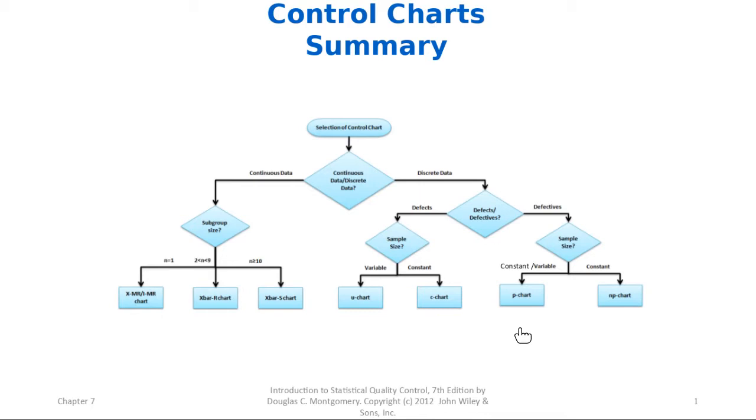Out of 10 students, only 2 scored A+, which is different from 100 students where only 2 scored A+. The P chart shows you the relation between the sample size and the number of defectives, whereas the NP only shows you the number.